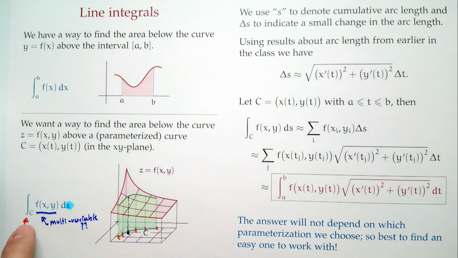In some sense, when we integrate along the curve, there's this curve sitting here in space, independent of how you moved on it. Given that, you should always look for an easy way to move on the curve, the simplest one to work with. All right, so that's the idea.